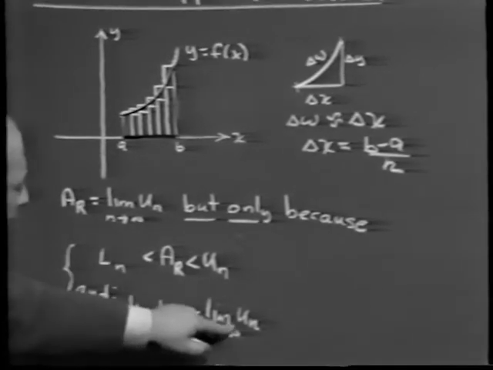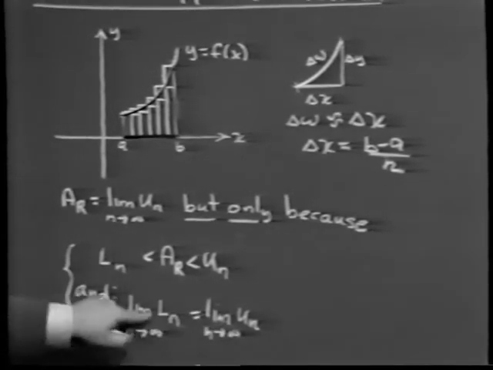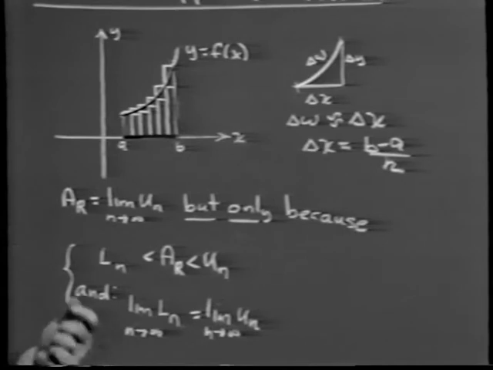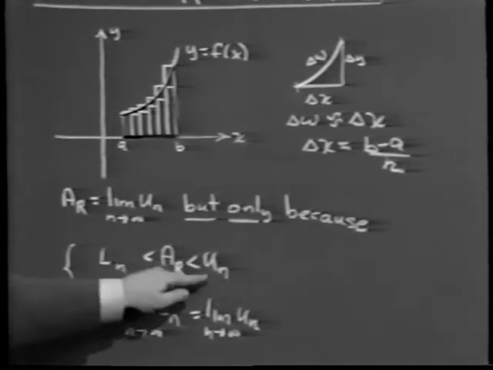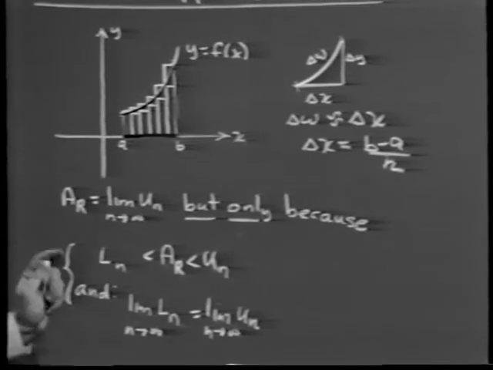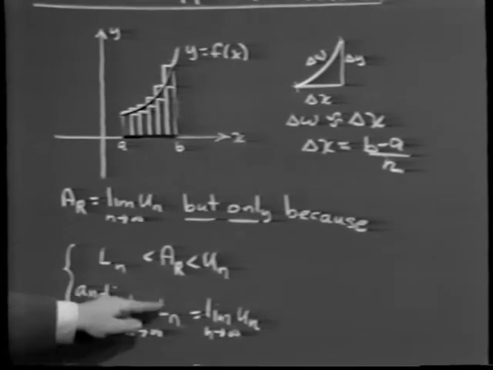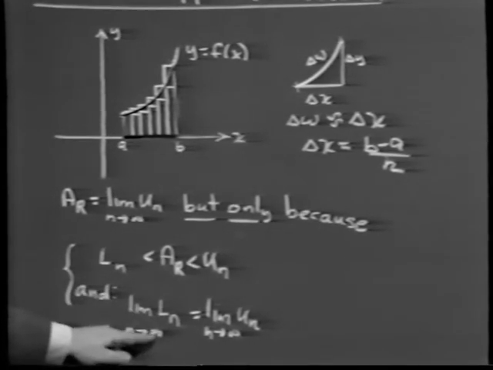A sub R was squeezed between these two, hence it had to equal the common limit. That was the structure that we used, you see. On the other hand, we can't use that when we're dealing with arc length. And I'll mention that in a few moments again, but let me just point out what I'm driving at this way.